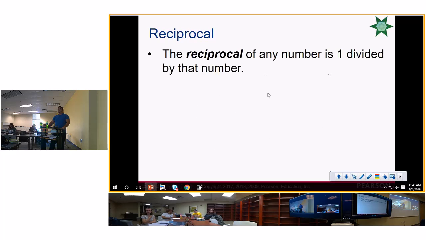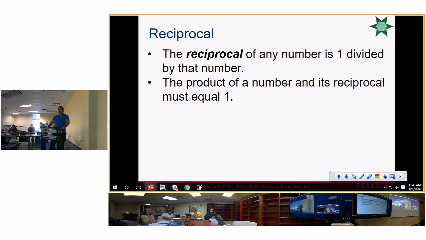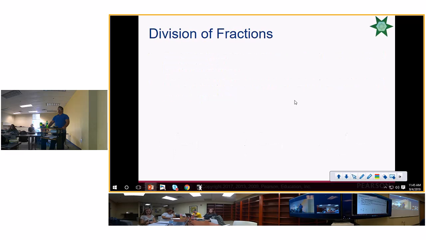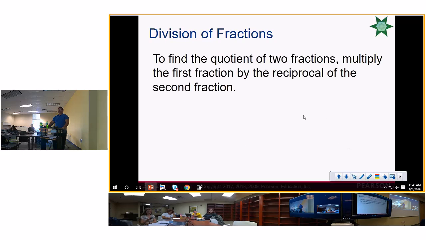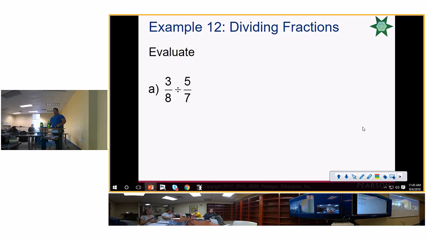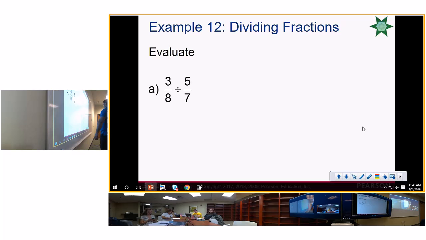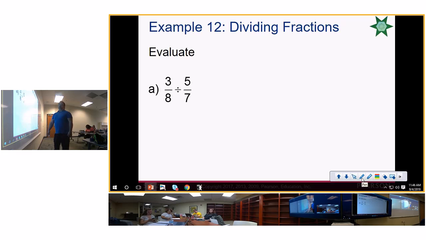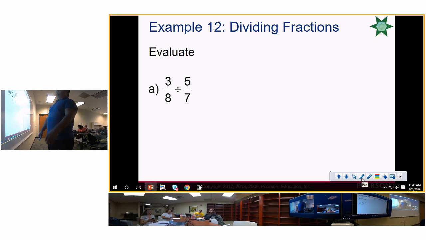Reciprocal. Why do you need the reciprocal? Because you do not divide by a fraction. What do you do? You multiply by the reciprocal. Okay, here we go. There is no division of fractions. Whenever you divide by a fraction, you rewrite it to multiply by the flip-flop.